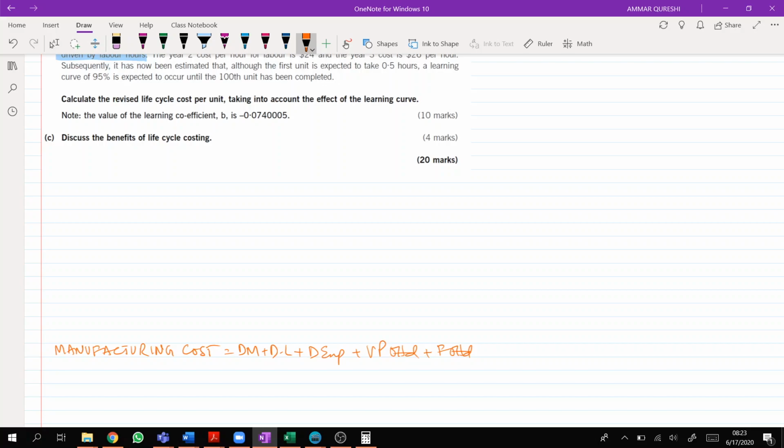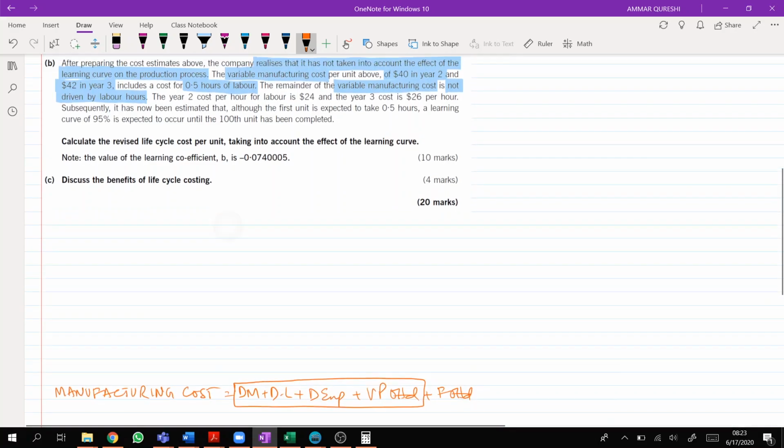If you add all these figures, you will get manufacturing cost per unit. And what is variable manufacturing cost per unit? For that, we consider the complete variable portion and ignore fixed overhead. So that means this is variable manufacturing cost.